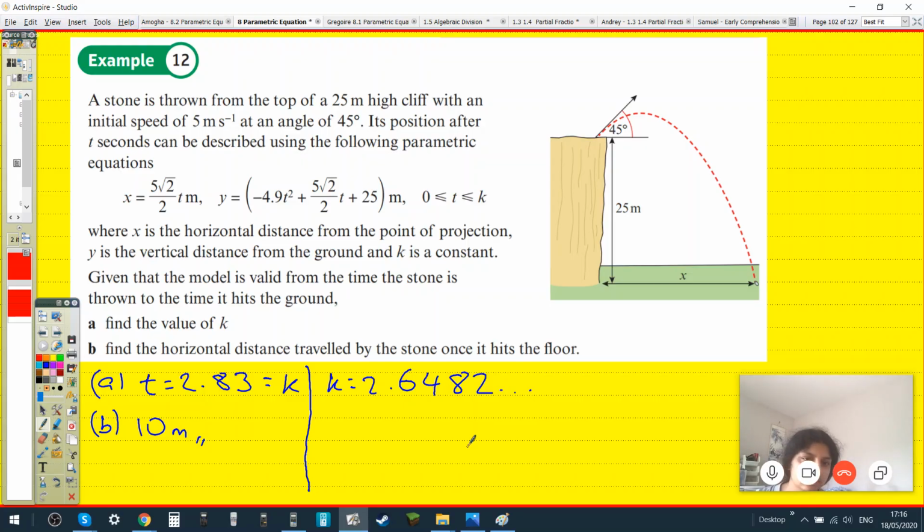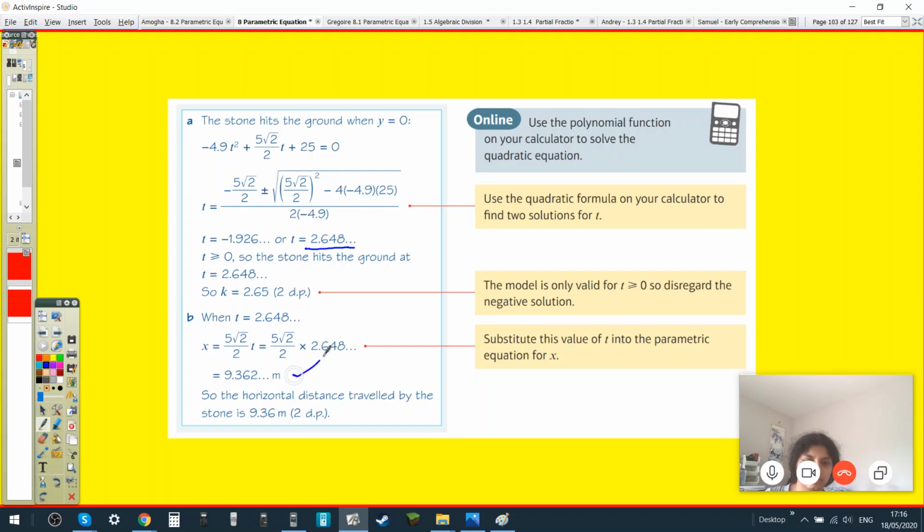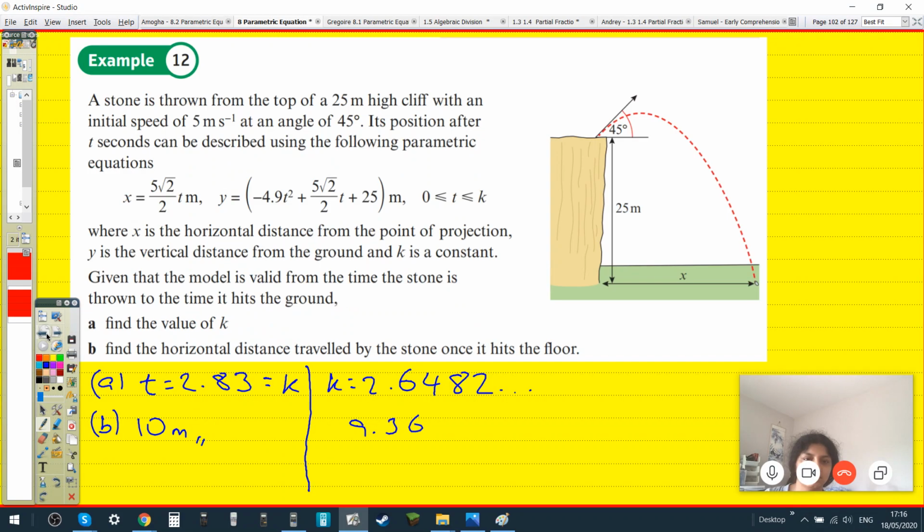So find the value of k. So that's when that hits the ground. And then, okay, so try subbing that in. 9.36. 9.36. 9.36. Yeah, so, turns out it was that easy. All right. Any questions about that? No.